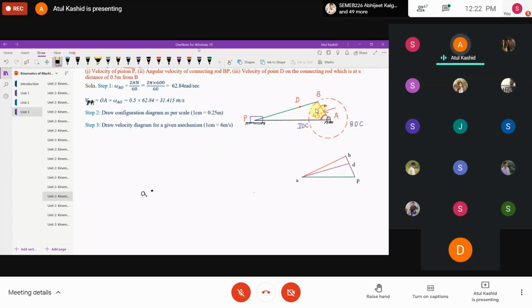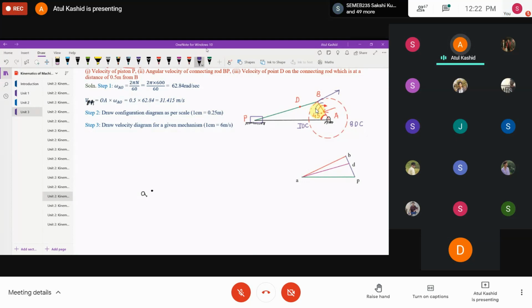Then what we need to do? We know that for a vector we require a magnitude as well as a direction. Magnitude we have obtained in centimeter, and what will be the direction? Remember, in the last lecture I told you that whatever link you have, the velocity direction will always be perpendicular to that link. For AB, I can draw the velocity direction like this, because it is rotating in the clockwise direction.